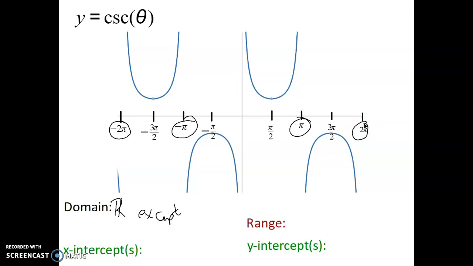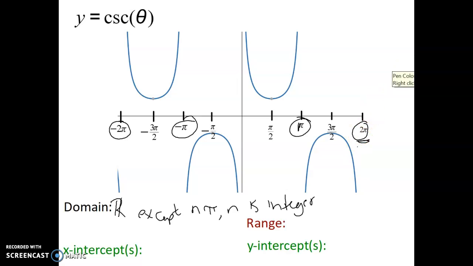So it's all real numbers except n pi, no over 2 this time, n pi, where n is an integer. And any integer will work, right? See, here I've got an odd integer, 1 pi. Here I've got an even integer of 2 pi. So as long as n is an integer, n pi are where all the asymptotes are going to be, and we need to throw those out of the domain.